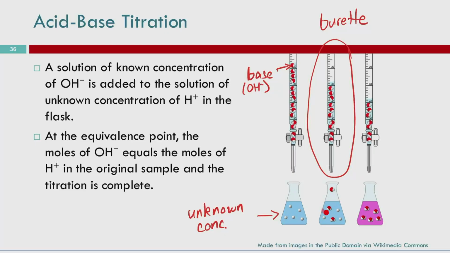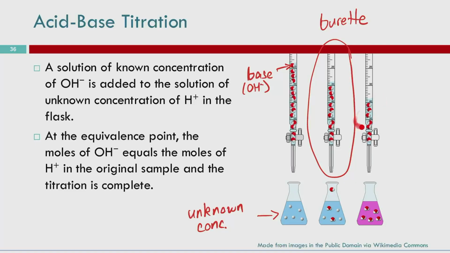As we do that, we get some reaction happening. We get the OH minus reacting with the H plus to form H2O. And we would also have added to this an indicator. And so that's what we see in this third image of a burette. These are basically 3 frames of a titration. In this third frame, the reason that it's this fuchsia color is because we've added an indicator that lets us know when we've got an excess of base.